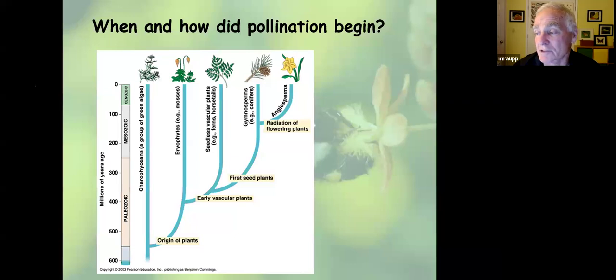Gymnosperms include things like pine trees and spruce trees and ginkgos and those kind of guys, right? So now we have a different mode of dispersal, seed rather than spore. And the next big breakthrough came a little bit later, about 130 million years ago, with the evolution, instead of a naked seed, of a seed that was enclosed in a fruit.